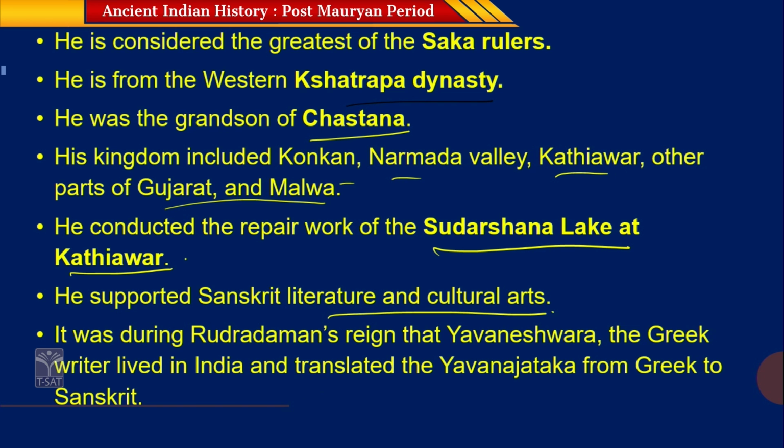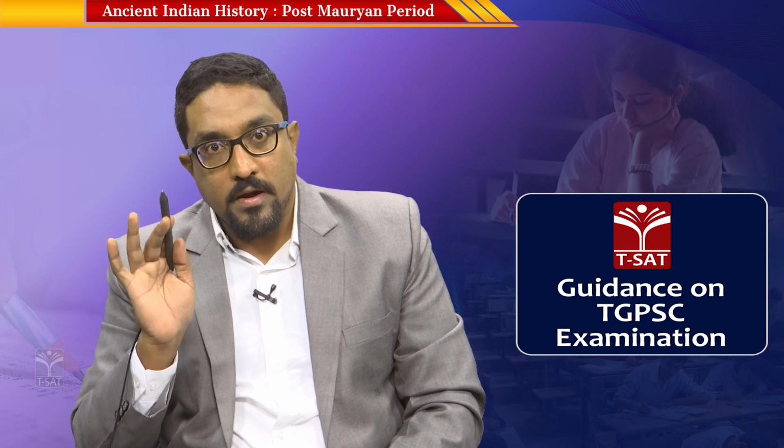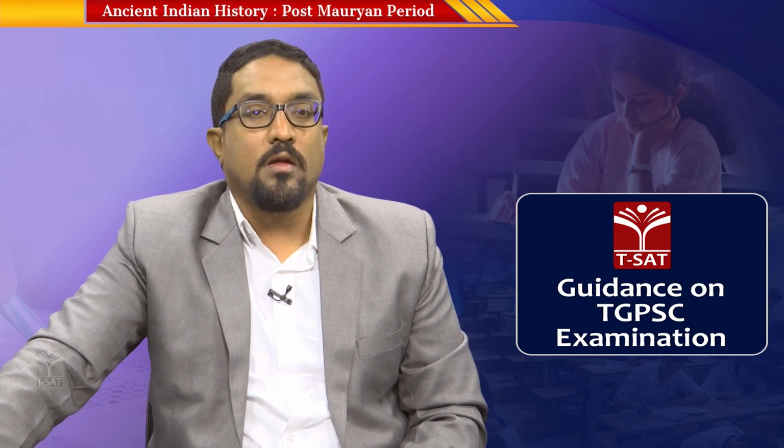It was during his period that Yavaneshvara, the Greek writer, lived in India and translated the Yavana-jataka from Greek to Sanskrit. So this is very important information for prelims. The Yavana-jataka is basically a book translated from Greek to Sanskrit, done during Rudradaman's period.